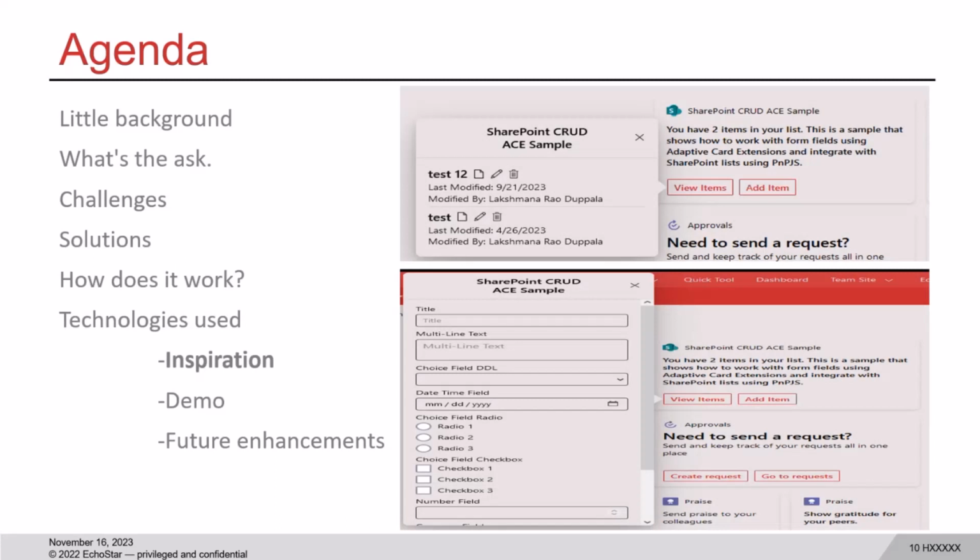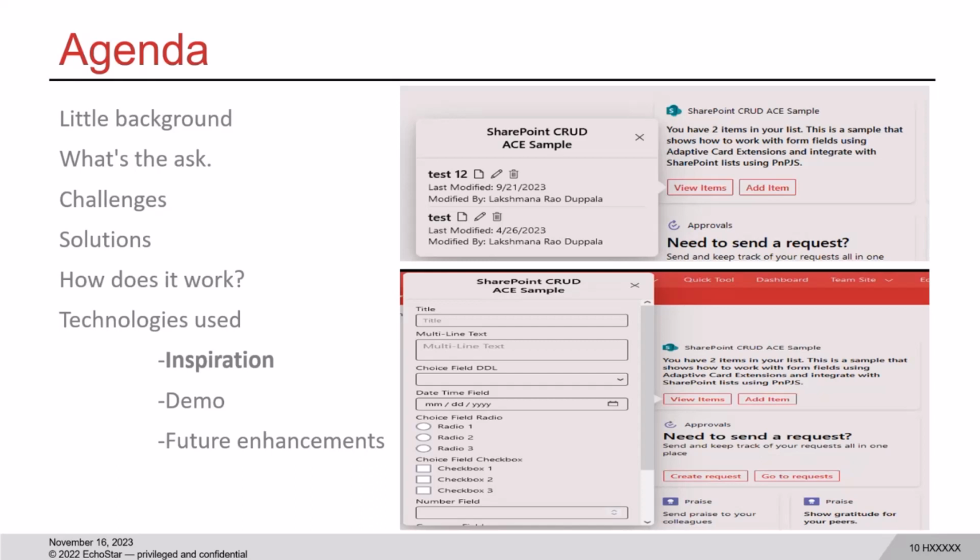The inspiration for this whole thing came from a particular web part from the samples, a specific sample that performs all the CRUD operations, create, retrieve, update, and delete, against a SharePoint list. That is what inspired us.